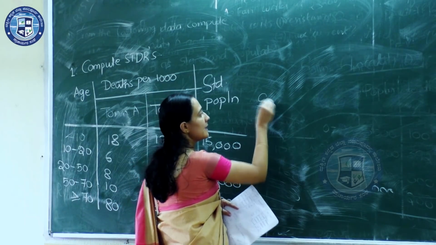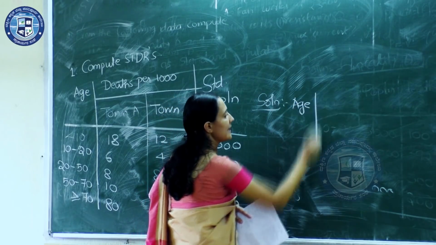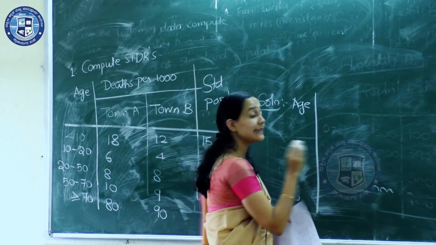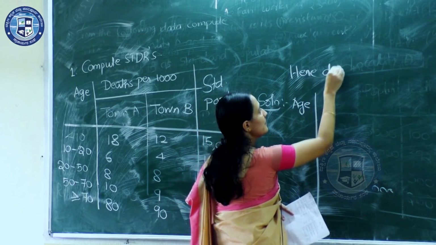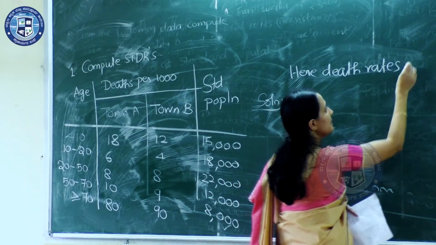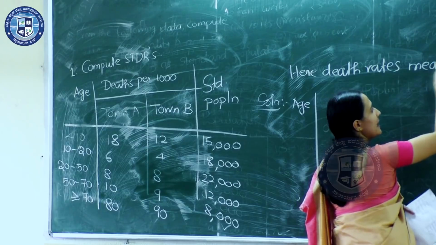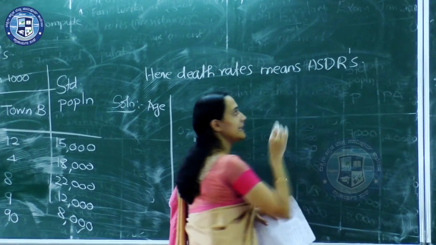For the solution, first write the age as it is in the question. Death rates here means ASDRs, age specific death rates.